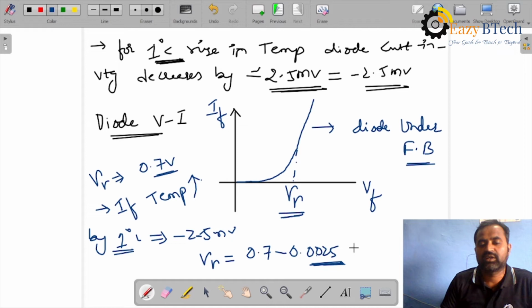This is the value. You can decrease, you will get the value.